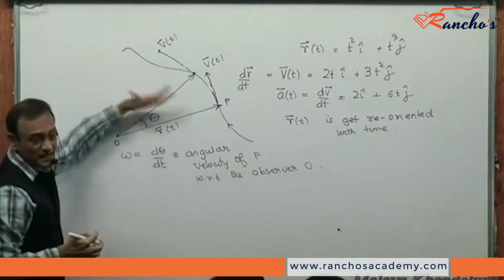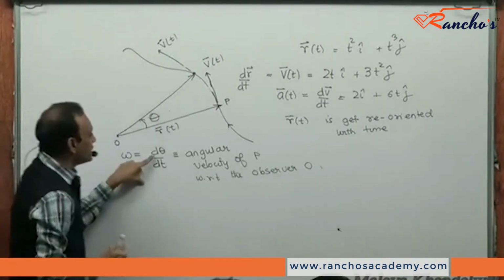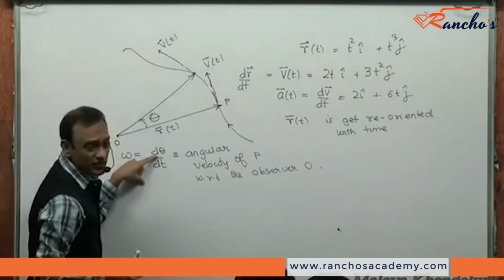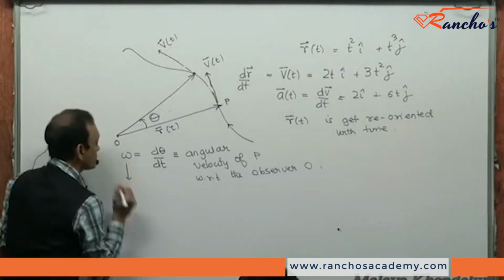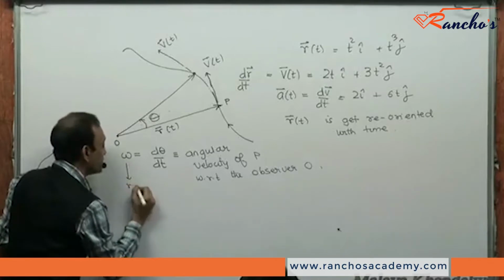D theta is in radians and dt is in seconds. So the unit of omega is radians per second.